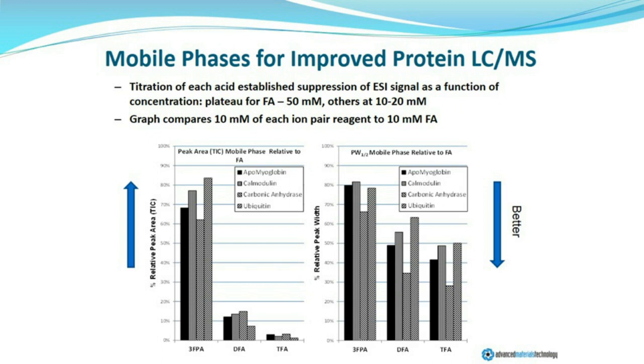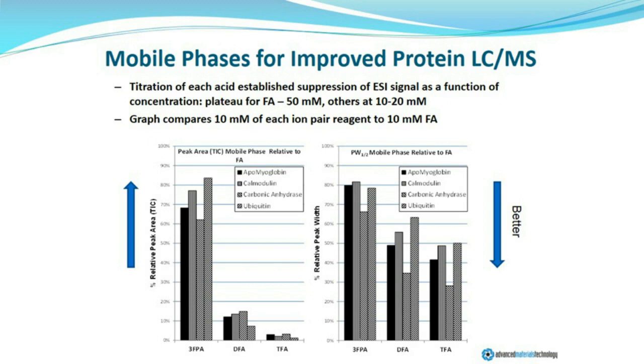Comparing the performance for total ion current intensity with 3-fluoropropionic, difluoroacetic, and trifluoroacetic relative to the results obtained with formic acid, which would be 100%. So we picked conditions which were best for formic acid intensity in this experiment. And you can see that we have significant ionization suppression with difluoroacetic acid, but not nearly as much as we get with trifluoroacetic acid.